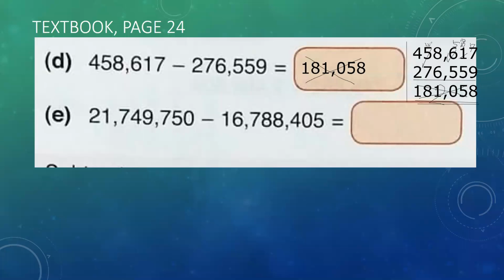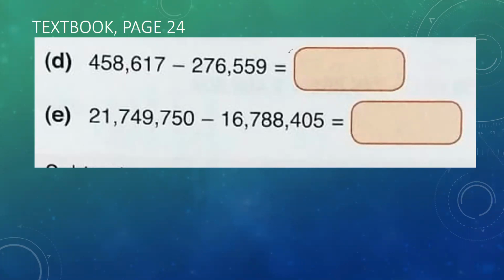Okay, I know now. 15 minus 7 is 8. We borrow, so this is 3. So 3 minus 2 is 1. So now you have to change this. I'm going to erase. It should be 182,058.